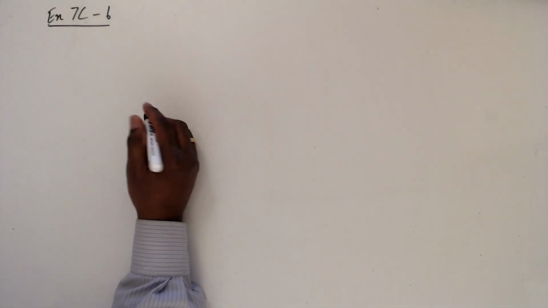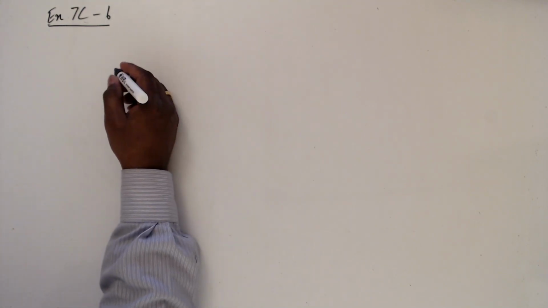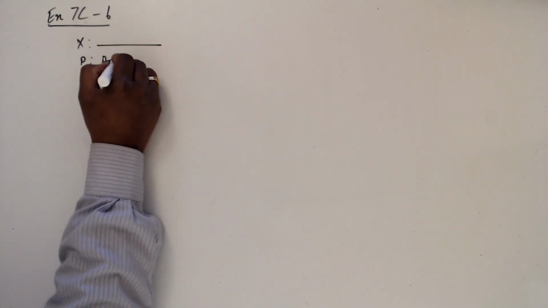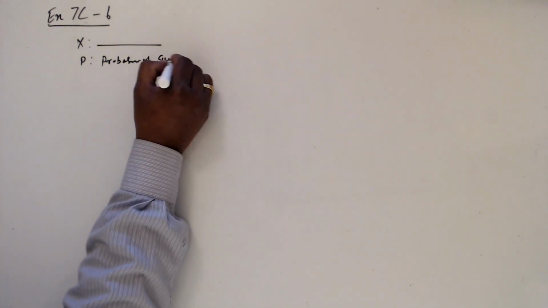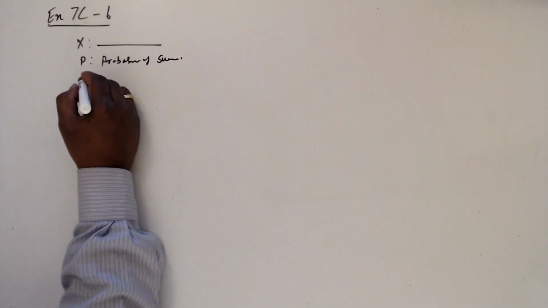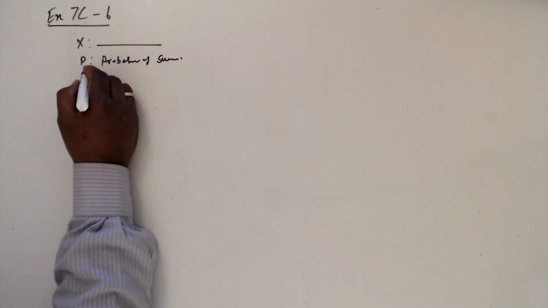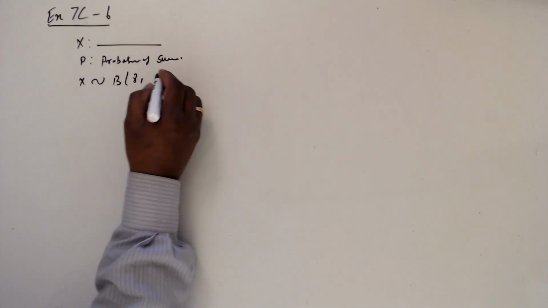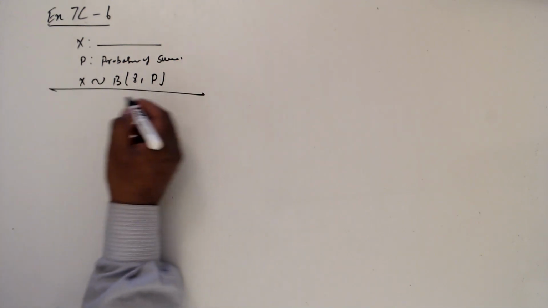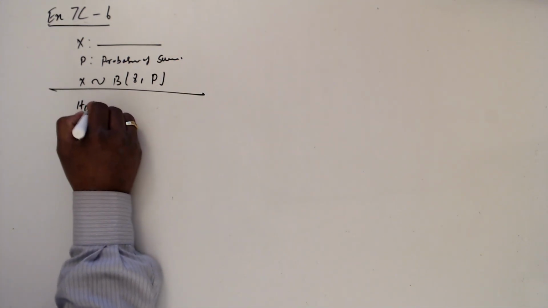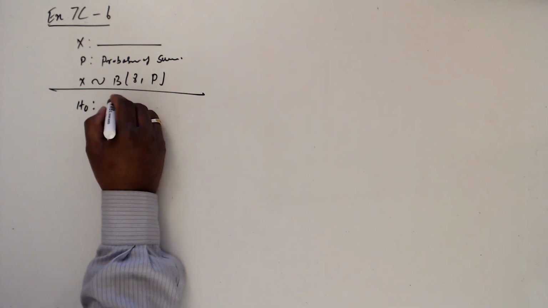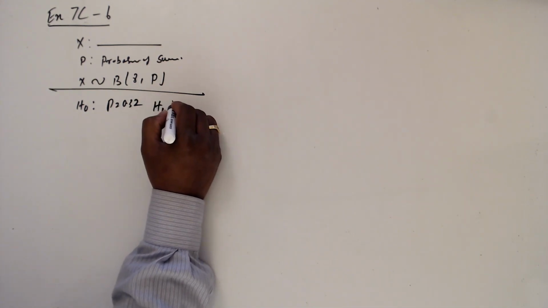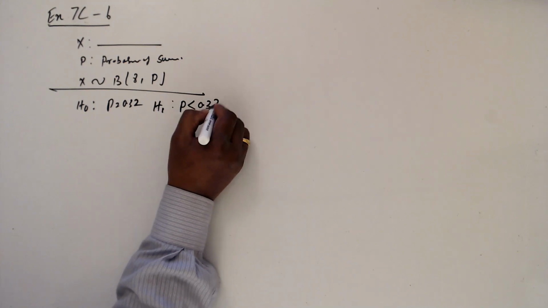Random variable X, number 6. So X is the random variable, P is the probability of success, and X follows binomial 8, P. H naught is P equal to 0.32, H1 is P greater than 0.32.